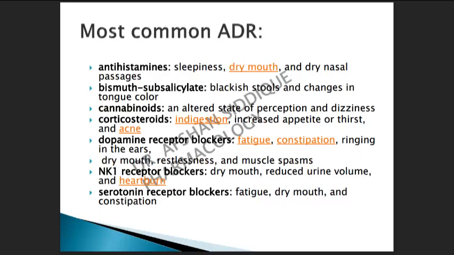Right. Dopamine receptor blockers usually induce fatigue, constipation and ringing in the ears.